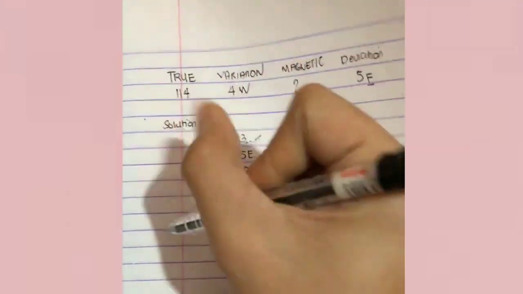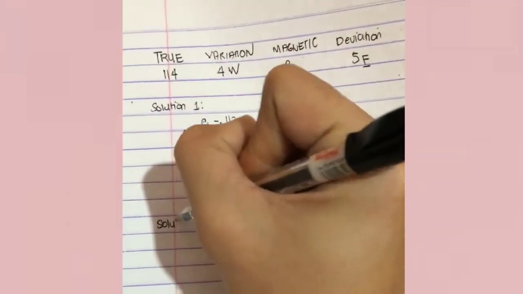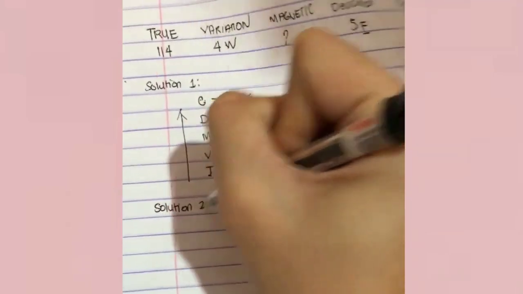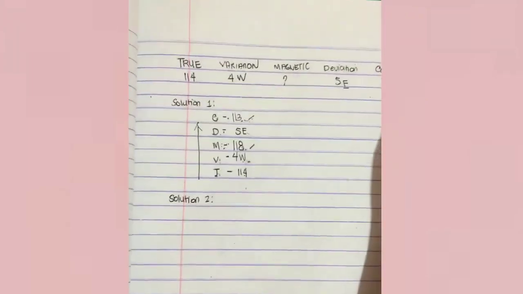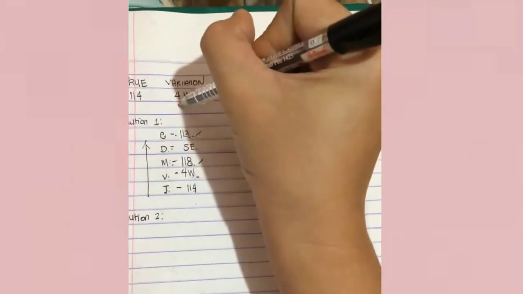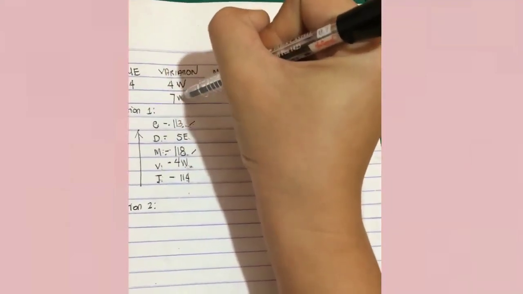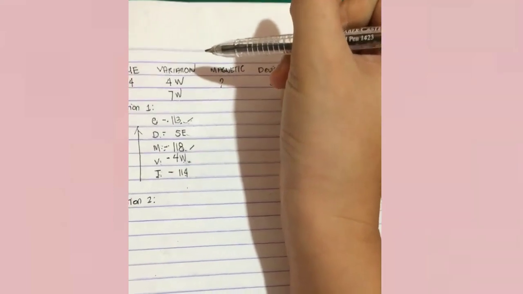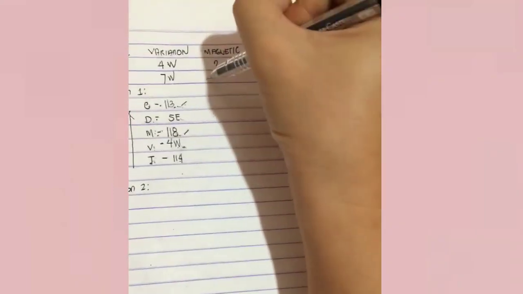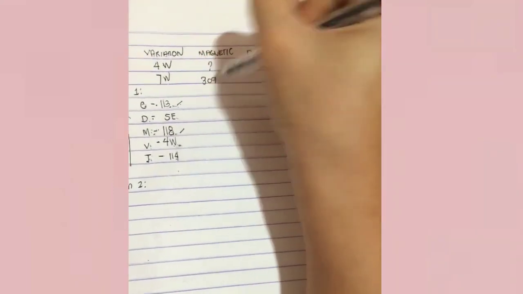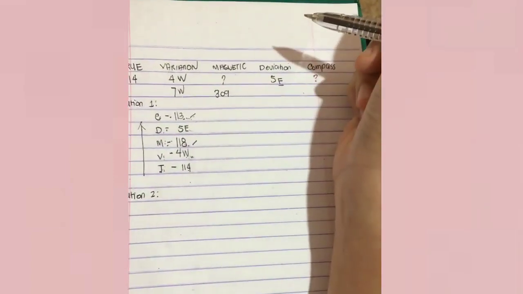So example number 2, let me give you another example. The next example is we have our given variation, which is 7 west. We also have our magnetic north, which is 309, and we also have our compass north, which is 314.